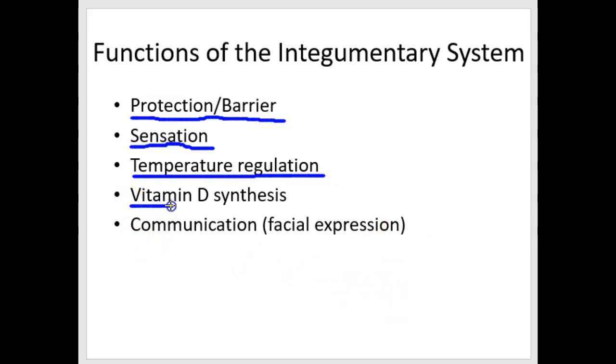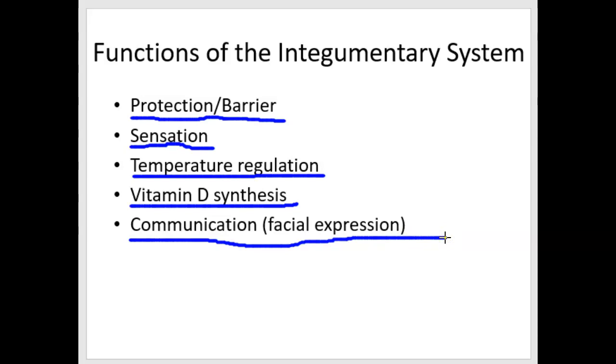Another thing that the skin can do is help with the synthesis of vitamin D. Vitamin D is important for healthy bone growth, and it's not just the skin that helps make vitamin D. There's a couple of other organs involved, and it's the keratinocytes that help make vitamin D. And lastly, the dermis of the skin is where muscles of facial expression are attached.